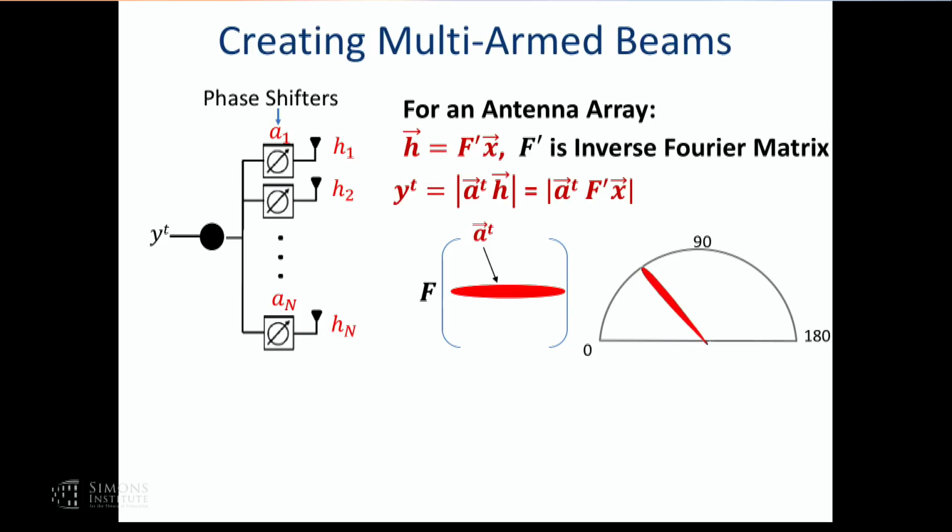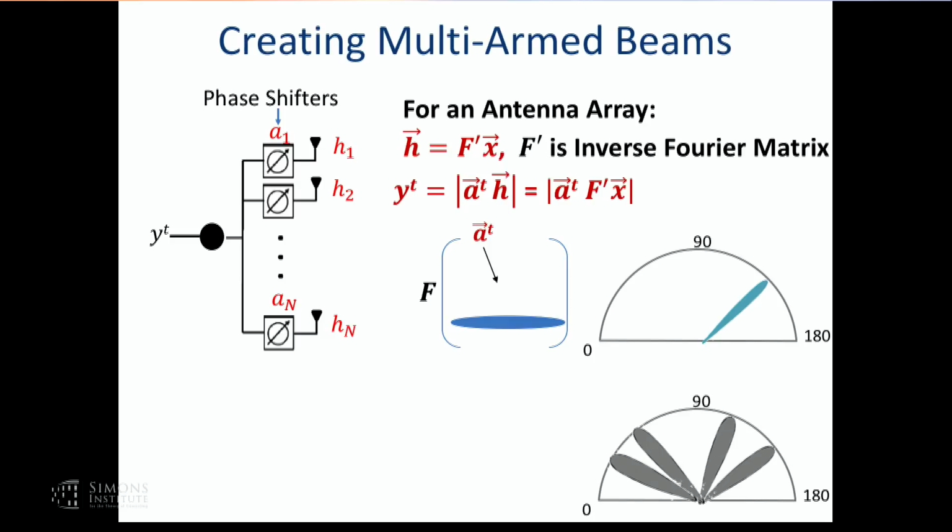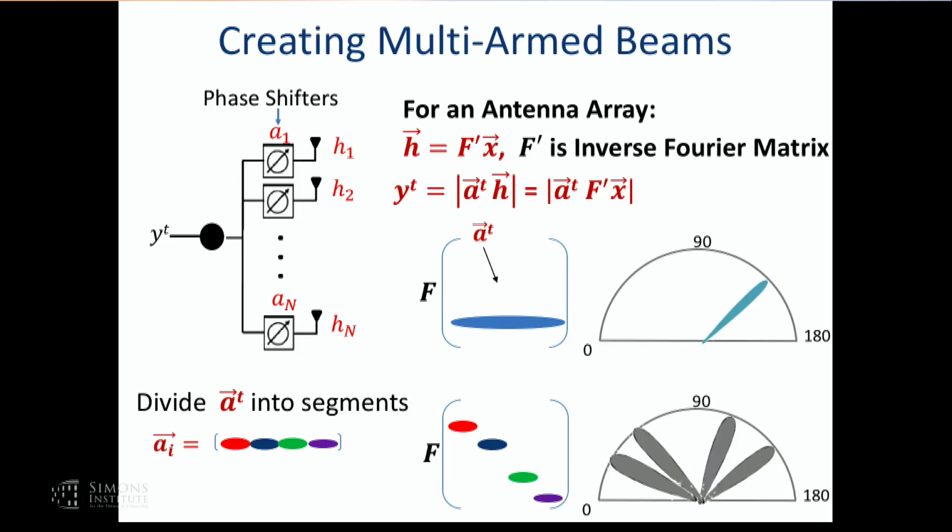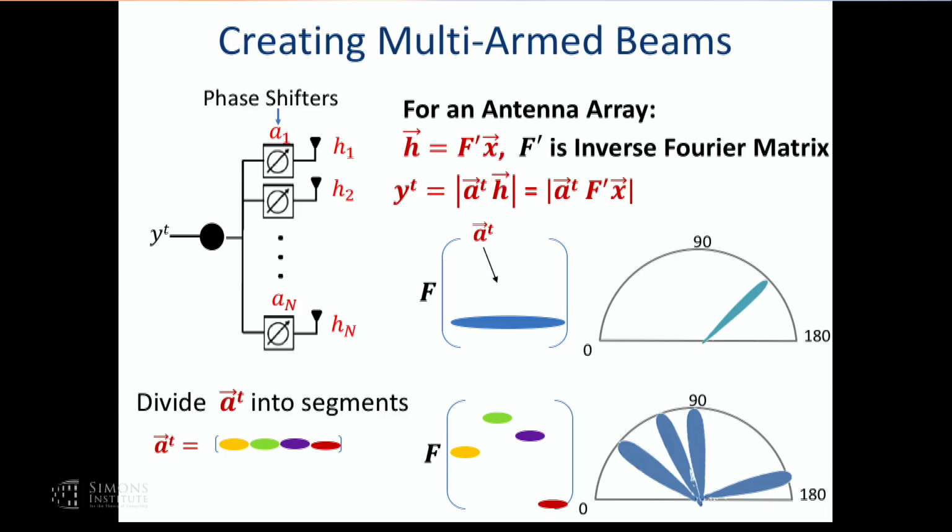If you pick A to be any row, this is how the beam will look. You change the row, you get a different beam. What we want is something like this. So we're going to divide the vector A into multiple segments, and then choose these different segments from different rows of the Fourier matrix. By changing which rows, we can randomize which directions the beam has.